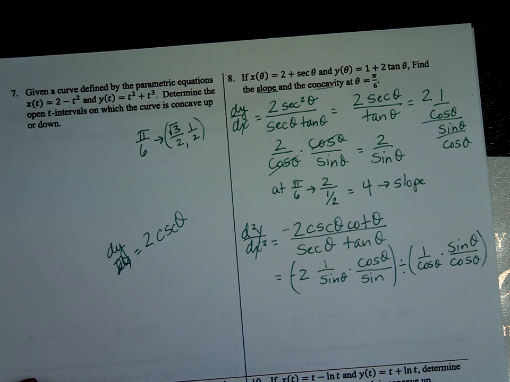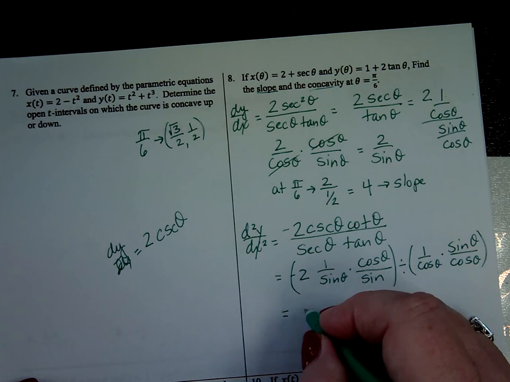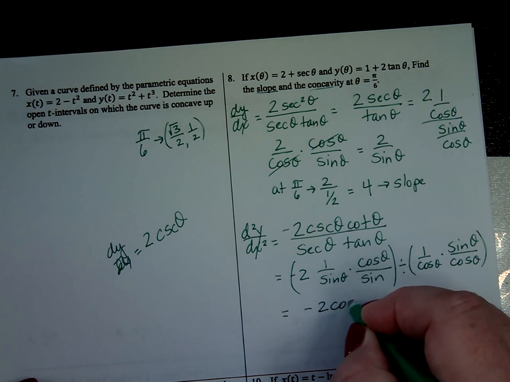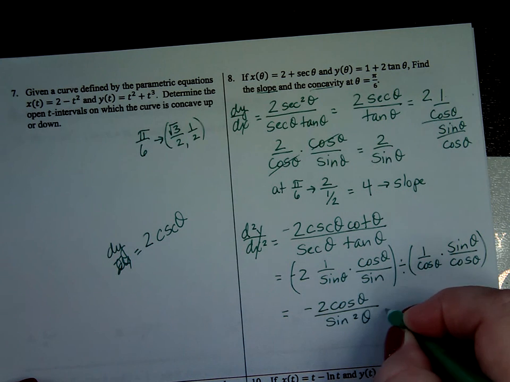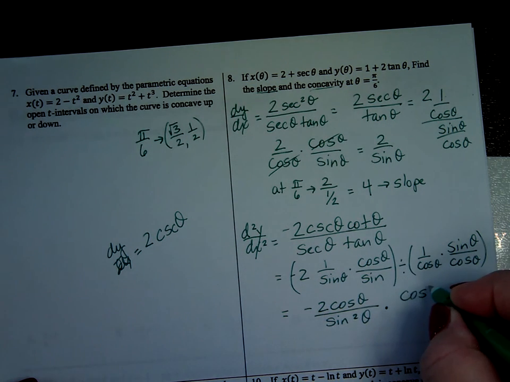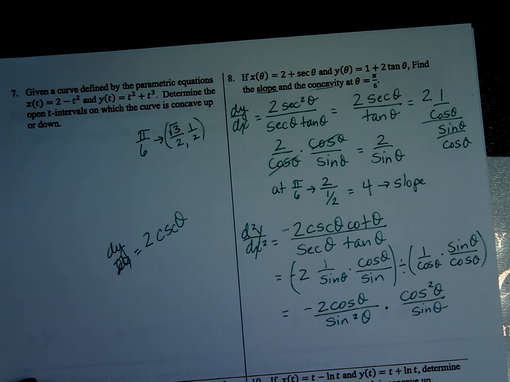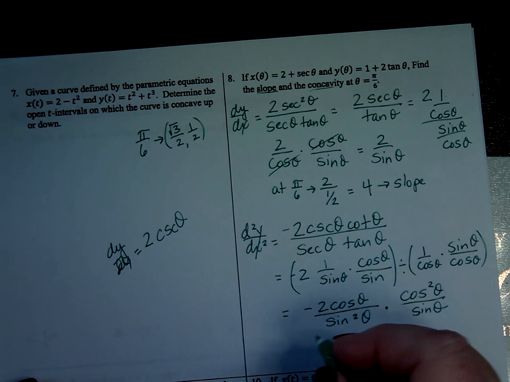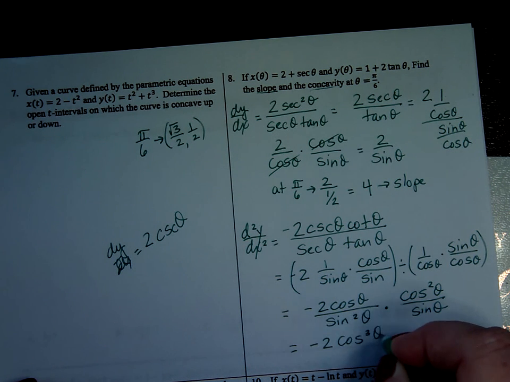So let's see if I can make this any better. Put this together as negative 2 cosine of theta over sine squared theta times, remember keep change flip, cosine squared theta over sine of theta. And that gives me, believe it or not, negative 2 cosine cubed theta over sine cubed theta.